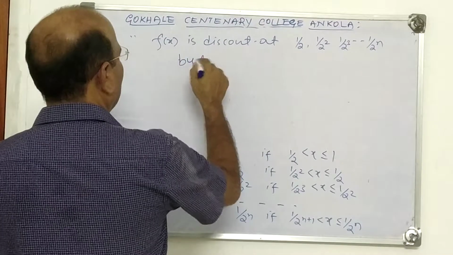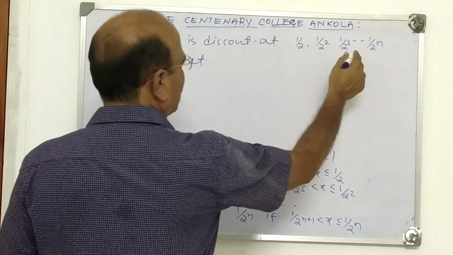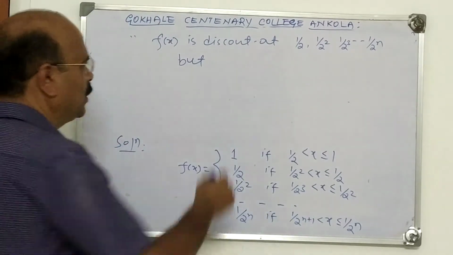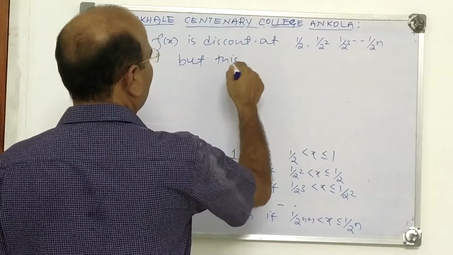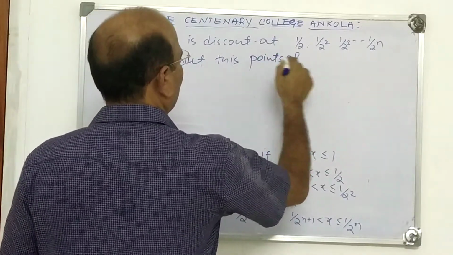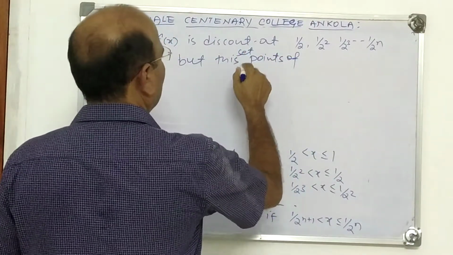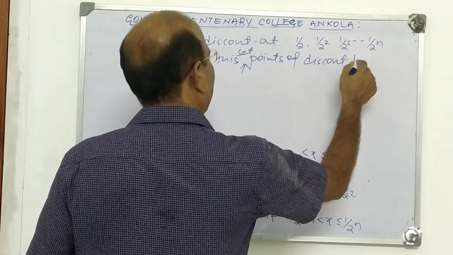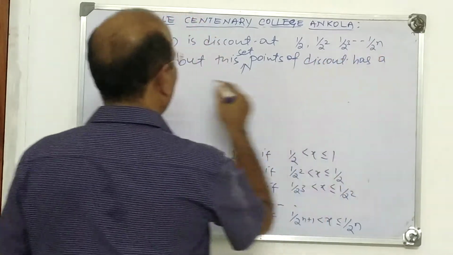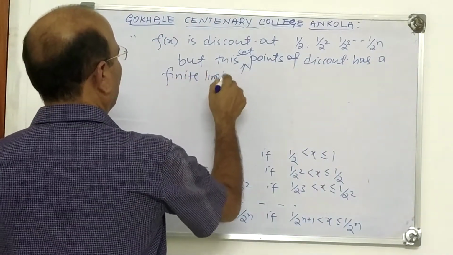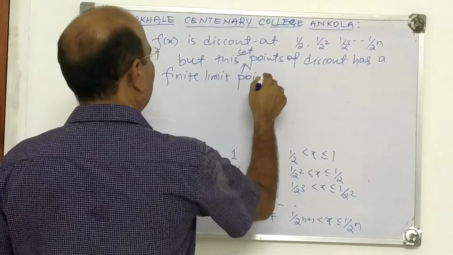But what are the points of discontinuity? There are infinitely many discontinuities. But this set of points of discontinuity has a finite limit point.